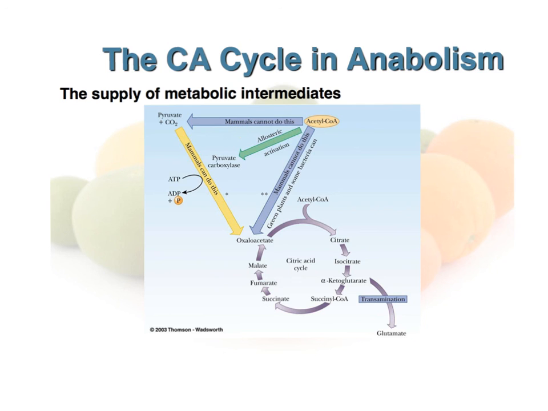And so that's why we don't go this way, we go this way, as mammals, this is the way we go for anabolism. But there are other organisms that can go about different ways as well. Okay, but this is just to show you that we can feed back into the citric acid cycle.